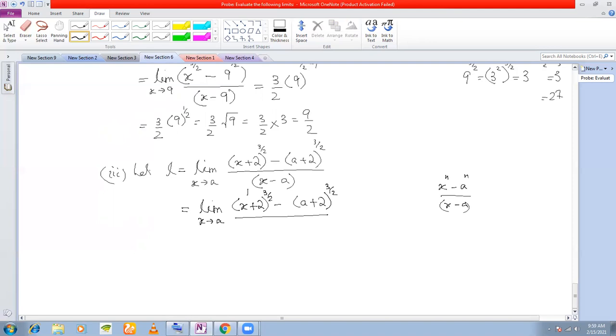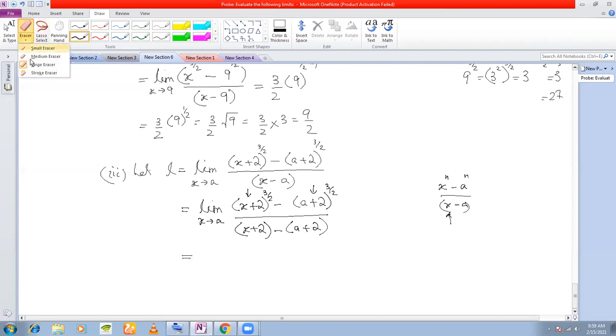See, x plus 2 is my x to the power of n, a plus 2 is my a. Now in the denominator I must also have an x, so here x plus 2 minus a plus 2. Now see, if I subtract a plus 2 from x plus 2, will I get x minus a? Yes, I will get x minus a.